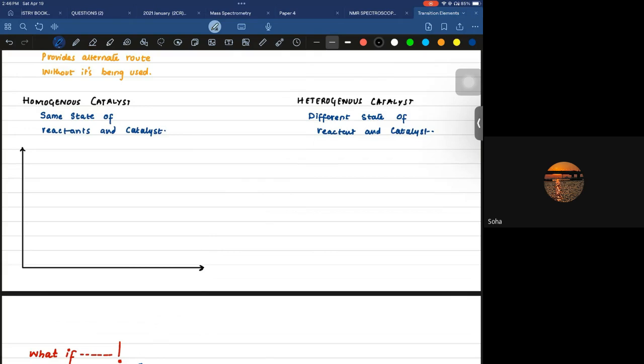if this is reactant and this is product.